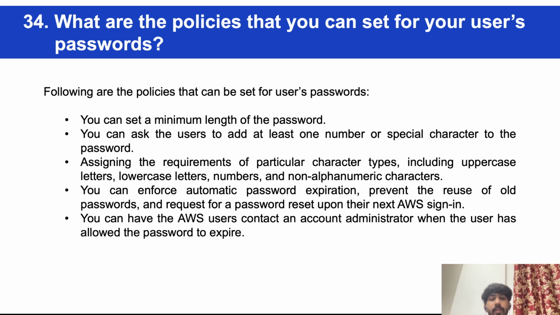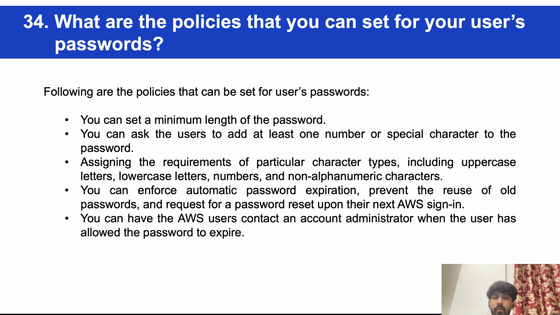You can basically give the access to the account administrator when the user has allowed the password to expire, right? So if the user allowed the password to expire, then they will be able to contact the account administrator and get their password back if they are not able to create a new password. So these are the different policies which an AWS administrator can set to the IAM users, right?